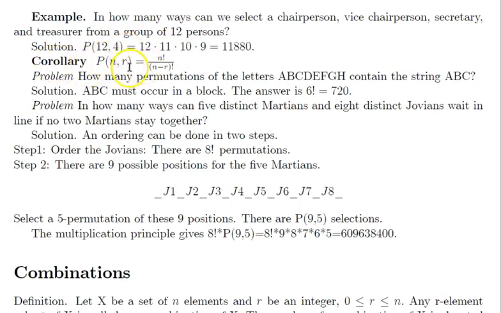So similarly, we can see that P(n,r) can be written in this form, n factorial over n minus r factorial. Problem. How many permutations of the letters from A to H contain the string ABC?